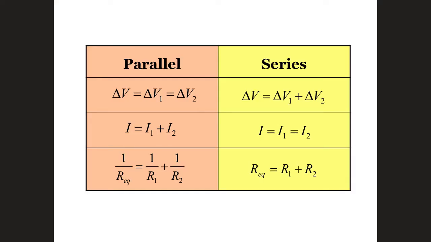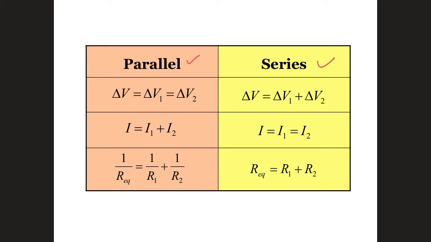Okay, so this is the summary of what we have learned before, which is the parallel and series of resistors. For you to solve a question involving a combination of parallel and series, make sure that you start your calculations with the physical quantity that is the same for each resistor. It's much easier.